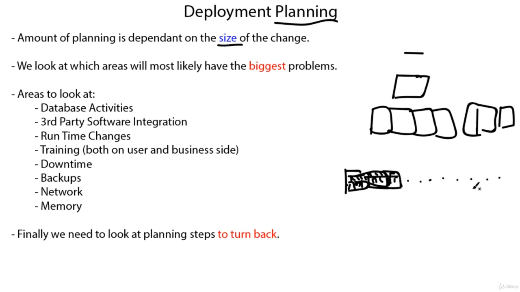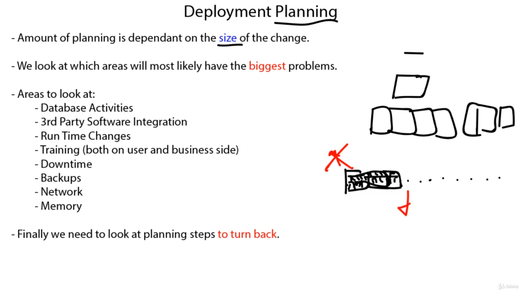So we're updating the entire backend here. We're going to need a ton of planning for this. There's a lot of things that can go wrong, and we're getting to this point where critical things can go wrong, where a failure at this point would actually make it so we stop doing business. We start losing tons and tons of money. And then so on until we are updating the entire website.